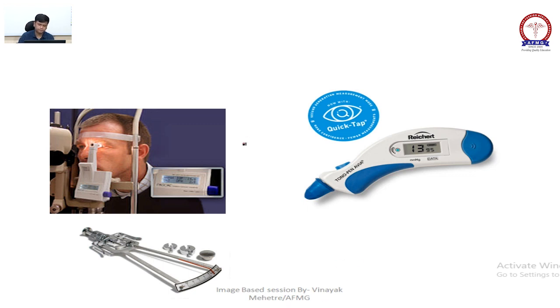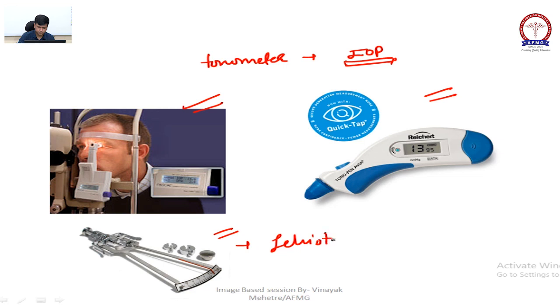Tonometer, tonopen, conventional tonometer. This is for checking of intraocular pressure. To check intraocular pressure, this is called Schiotz tonometer.